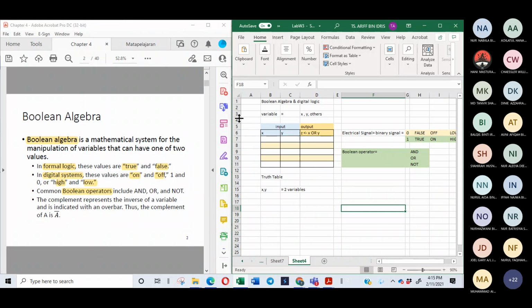Class, you may copy this part first, in half a minute. I want you to copy the truth table first. Can you start copying now? Start copying this table now, because afterward we will do it step by step together.